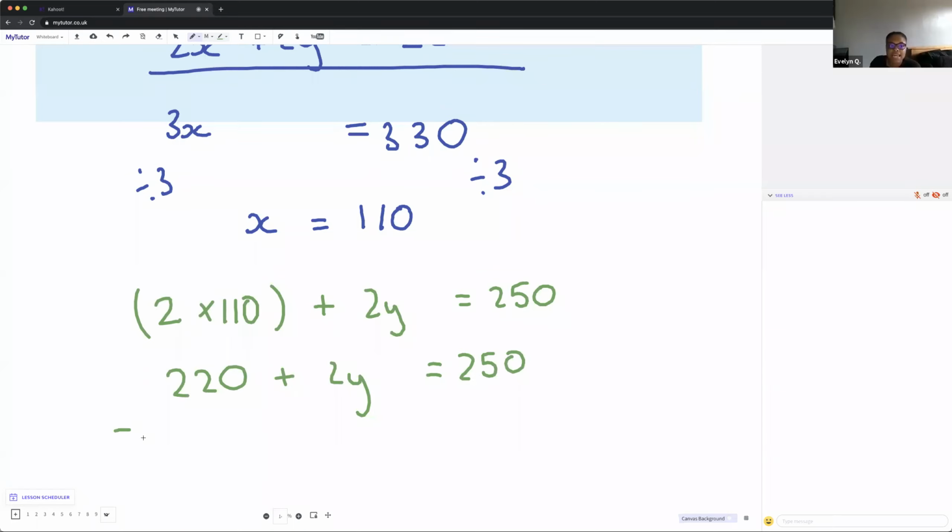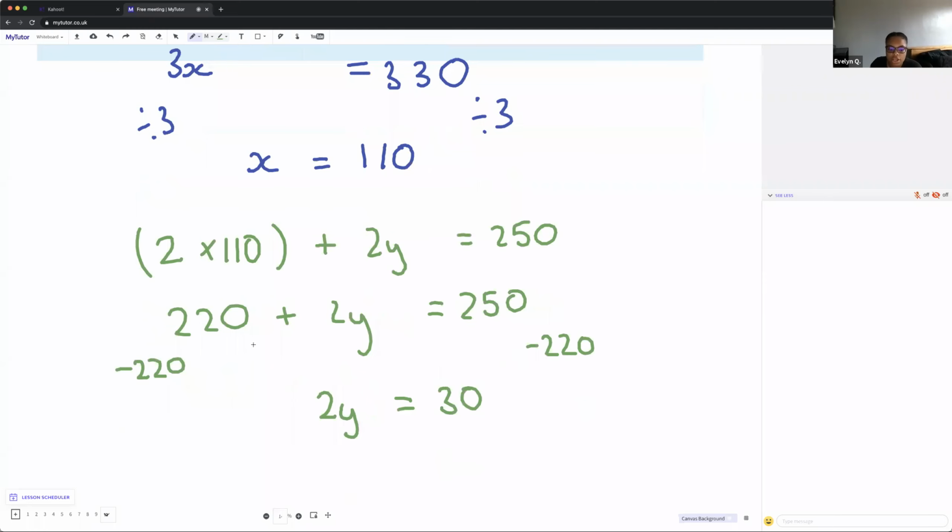And then I can subtract 220 from both sides to get what 2y is equal to. So 250 minus 220 is 30. So the last thing to do is divide both sides by 2. So y equals 30 divided by 2, which is 15. So brilliant.